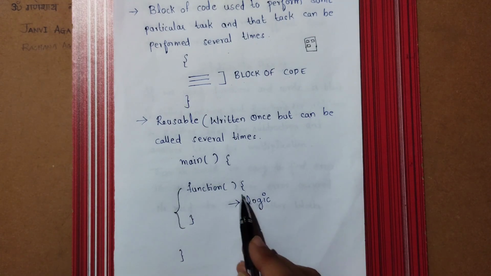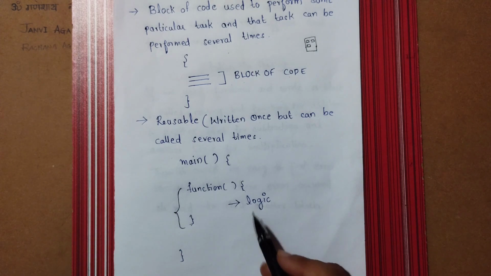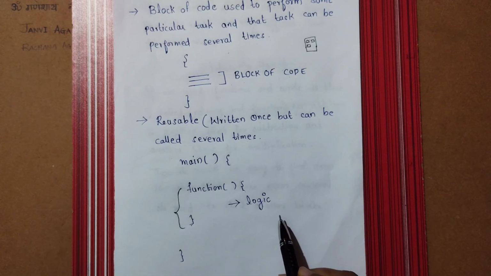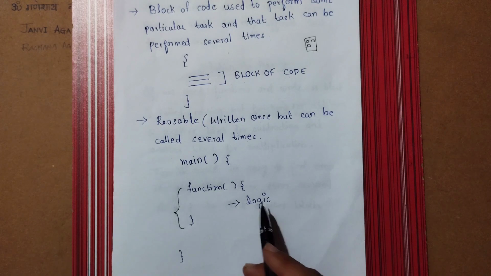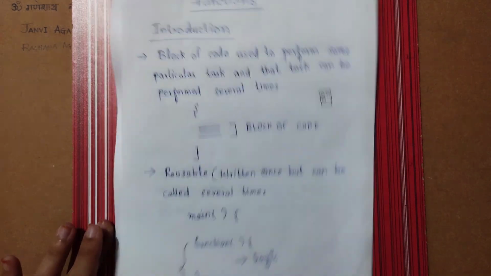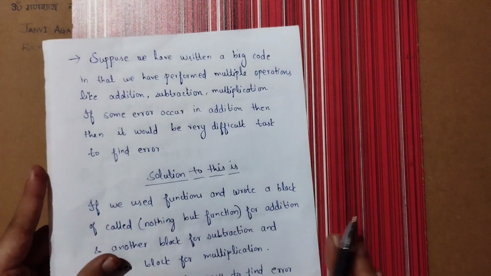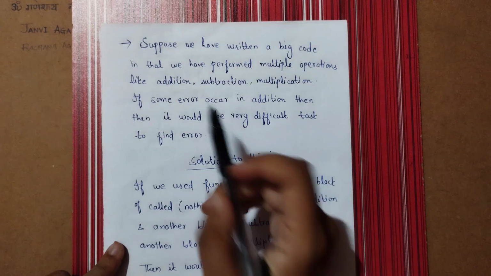It is a block of code in which we'll perform some task, and the logic is written here, like sum of two numbers, whatever logic you want to perform. Next, I'll explain how it is useful. Just a brief knowledge, nothing more than that.